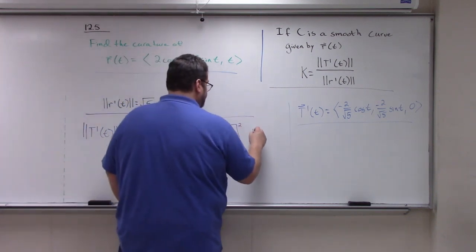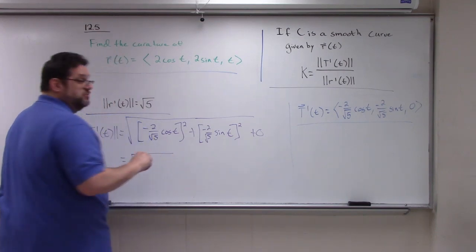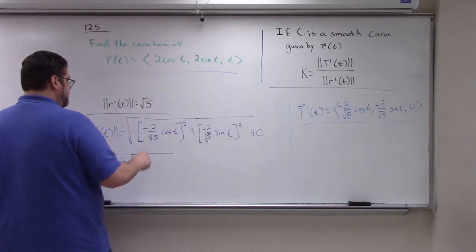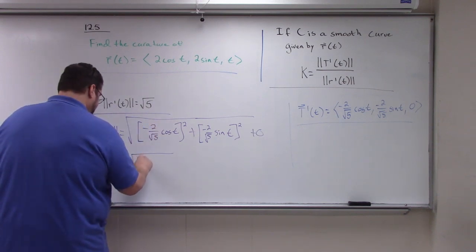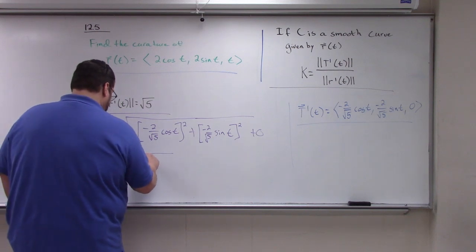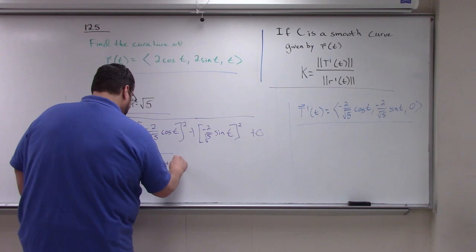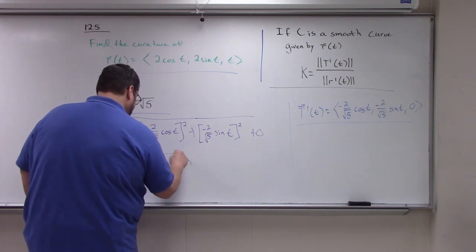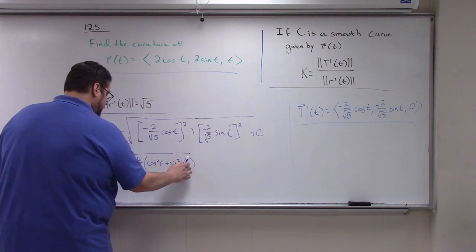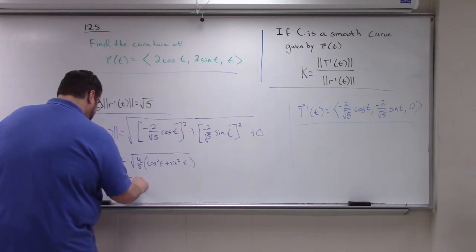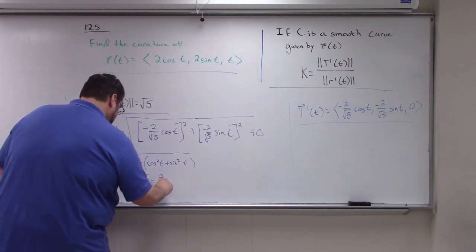If you really want to see it, I'll write it. Now at this point, you've seen this algebra several times. This is going to be 4 over 5 times cosine squared t plus sine squared t. So this is going to be the square root of 4 over 5, which is 2 over the square root of 5.